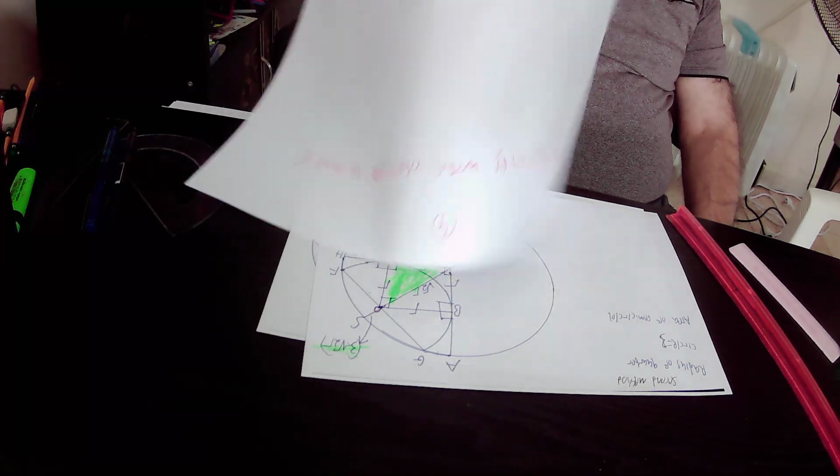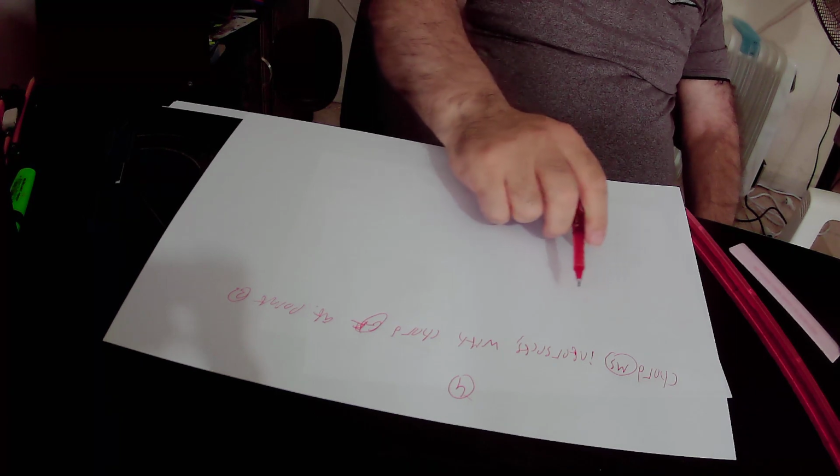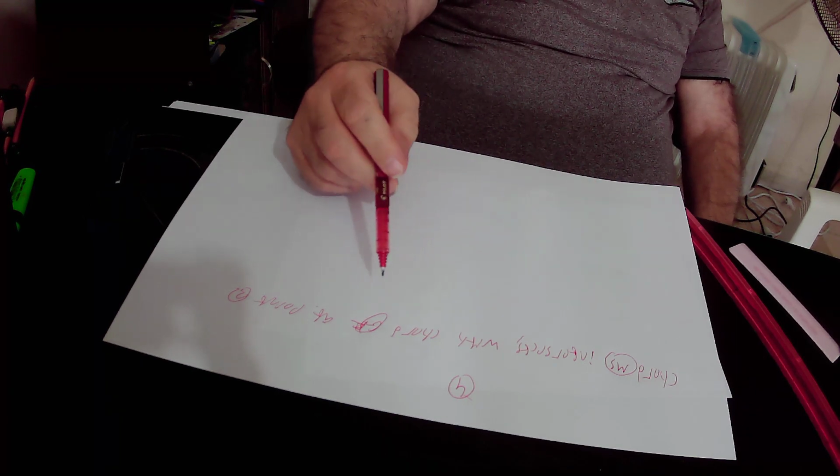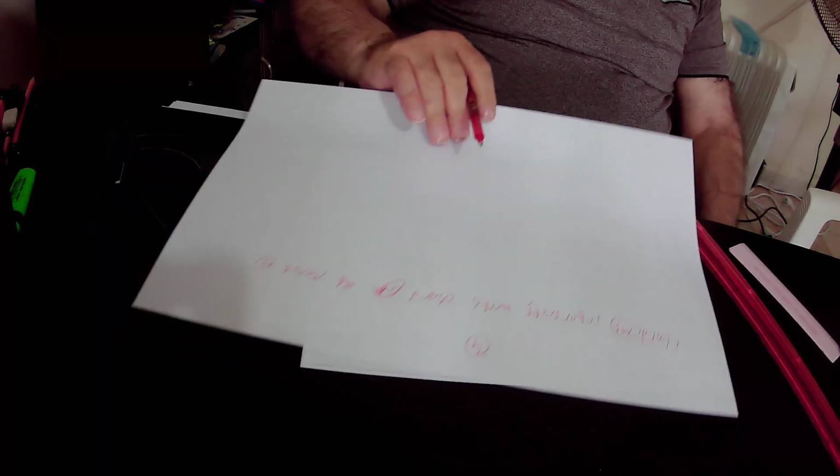I'll repeat again. Chord MS intersects with chord GF at point O. Point O is the intersection point.